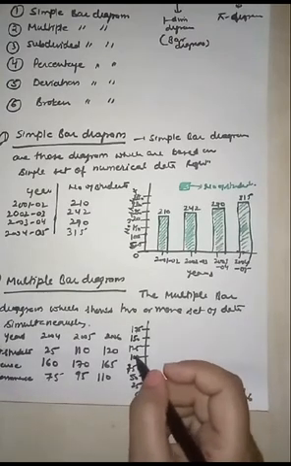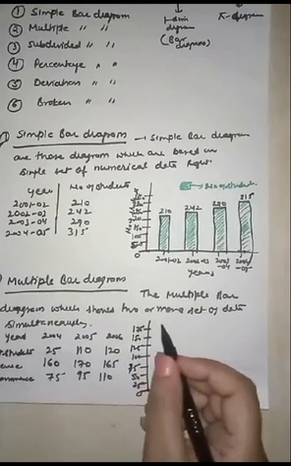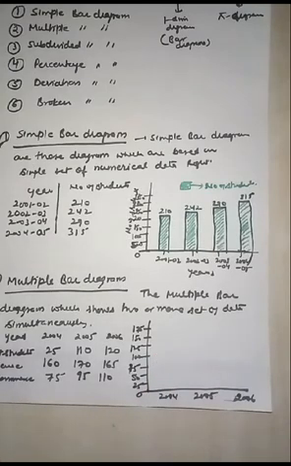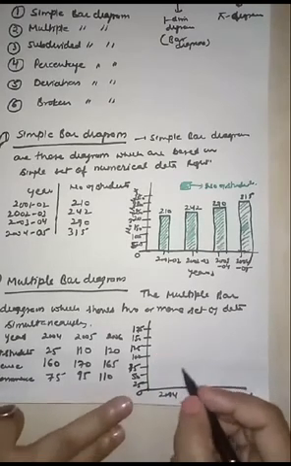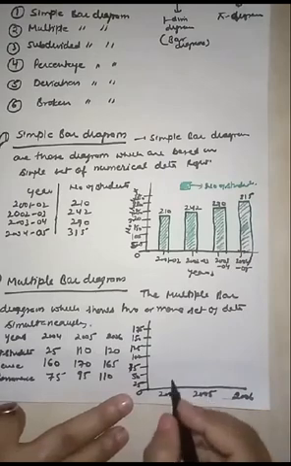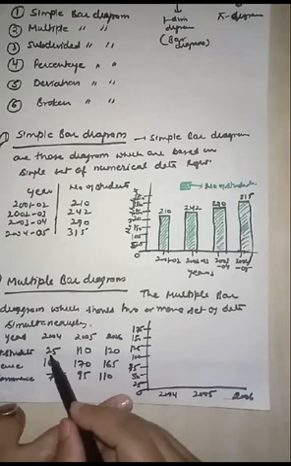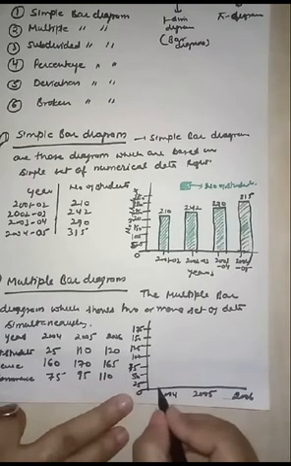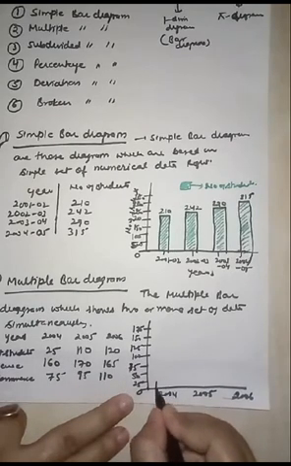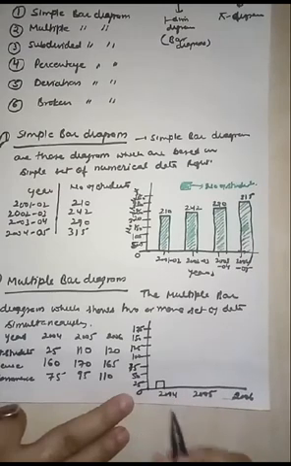Right, 125, 150, 175. Now we make the multiple bar diagram. Here you see in 2004 art students are 25, so you make the bar diagram 25.